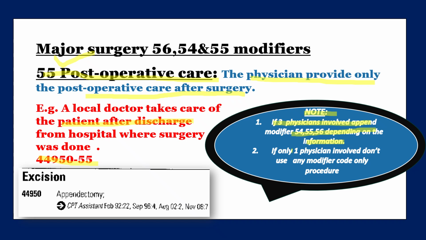If only one physician is involved, don't use any modifier with the procedure. Only the procedure code should be coded, not any modifier, because only one physician is handling preoperative care, doing the surgery, and also taking care of the patient after the surgery, that is postoperative care. Only one physician is doing it, which means we should not append any modifier, we should only code the procedure code.